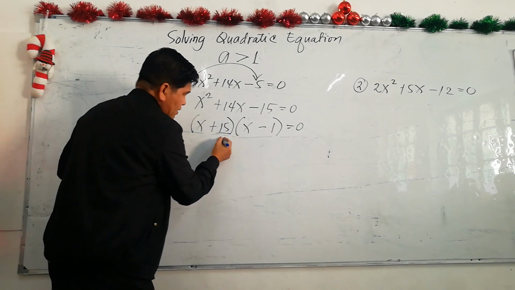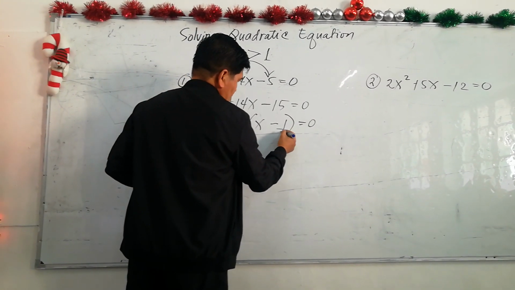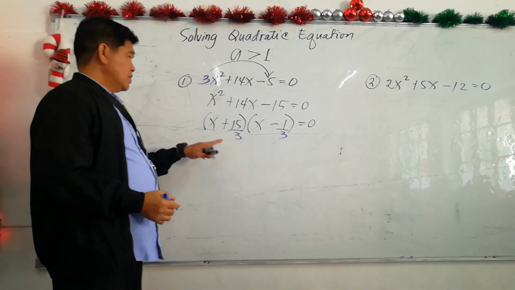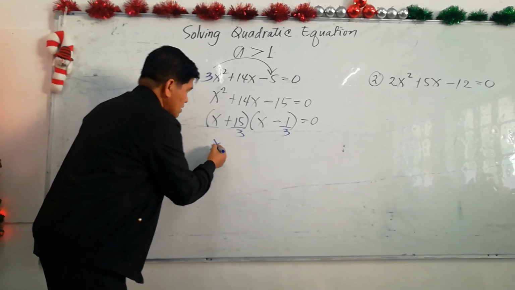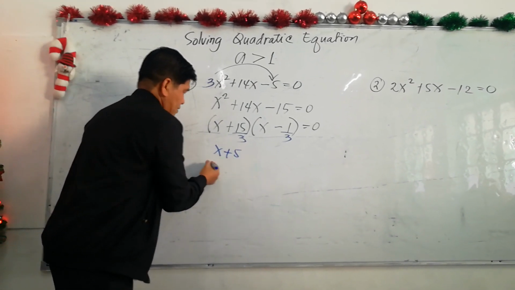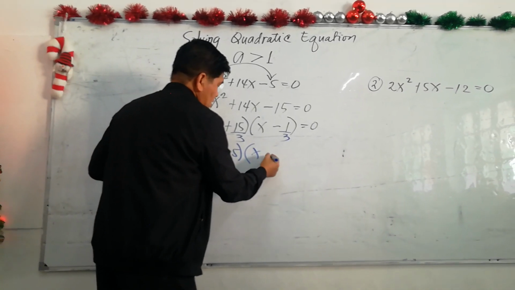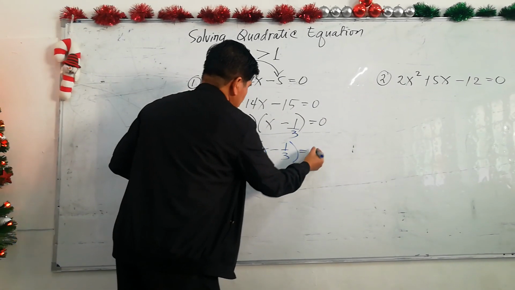Divide the 15 by 3, the same with negative 1. So reduce this now. This becomes x plus 5 times x minus 1/3 is equal to 0.